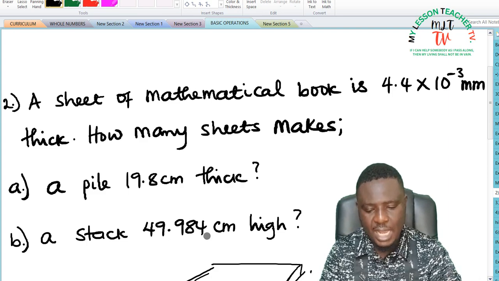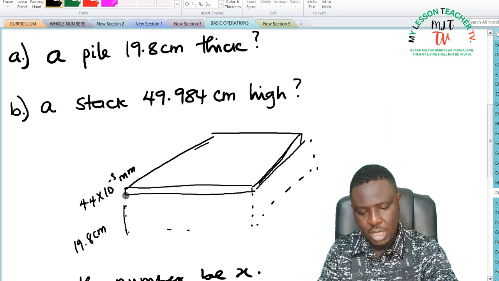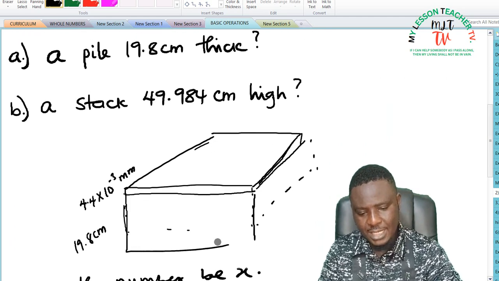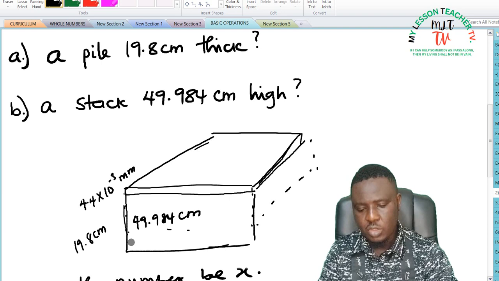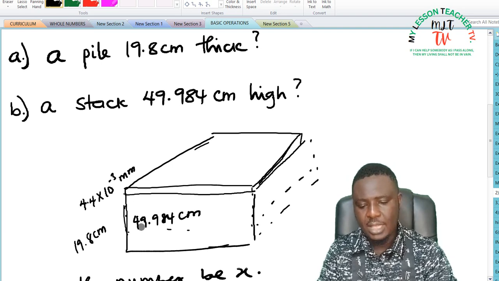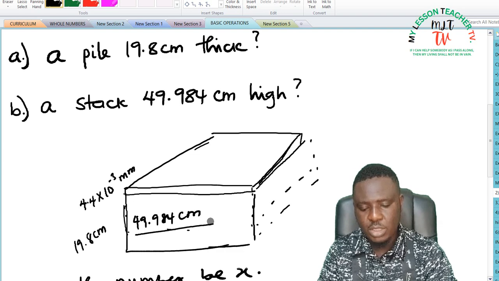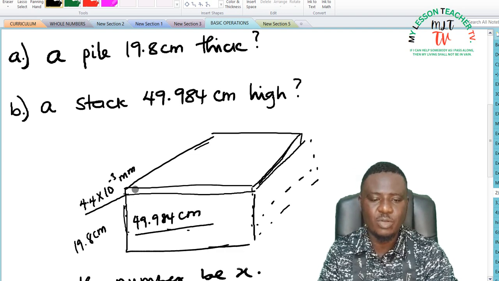B, we are asked how many sheets make a stack 49.984 centimeter high. So it is the same explanation as this, but now it's going to be 49.984 centimeter high. So I'll say let the number of sheets be y, and then we shall divide 49.984 by 4.4 times 10 raised to the power of minus 3.